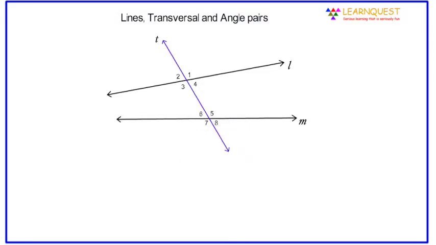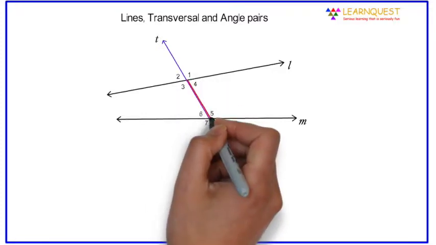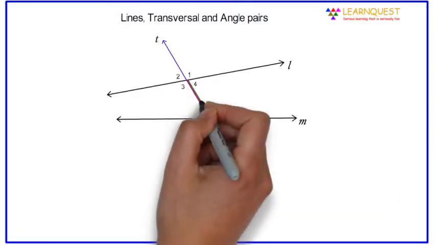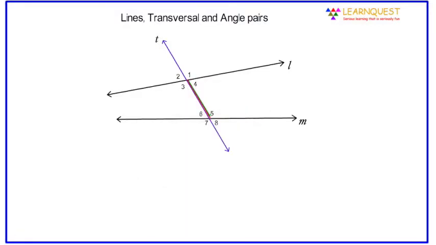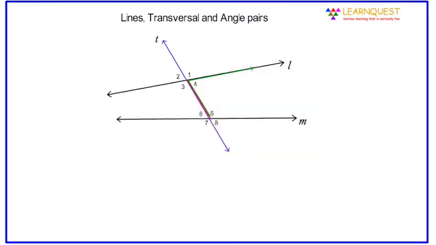We will number them from 1 to 8. Now, if you look at the line T, a portion of this line lies in between the two lines L and M. This portion is called an intercept. And out of the 8 angles formed, 4 angles have this intercept as one of its arms. You can see that angle 4 has this intercept as one of its arms, and also angle 3, angle 6 and angle 5.